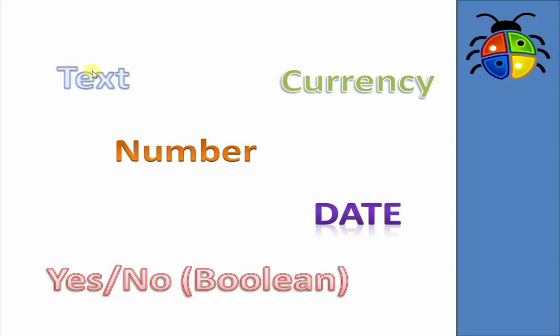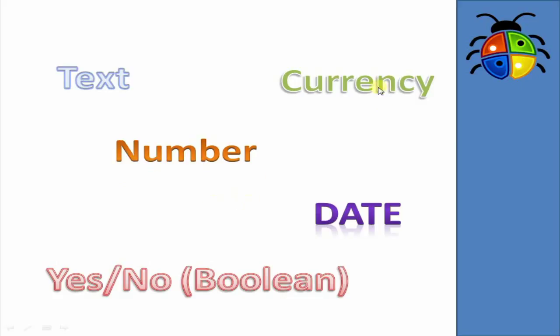So if you can think of any other non-mathematical numbers, then these would be stored as text rather than as a number. Another common example would be a postcode. So a lot of postcodes in different countries come in totally numeric format, but these we would save as a text type.